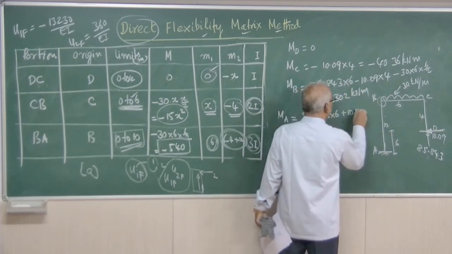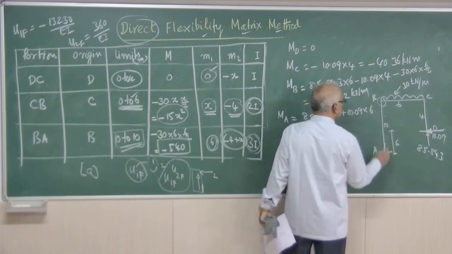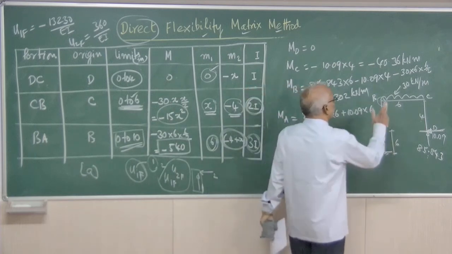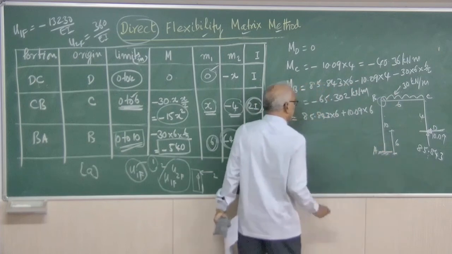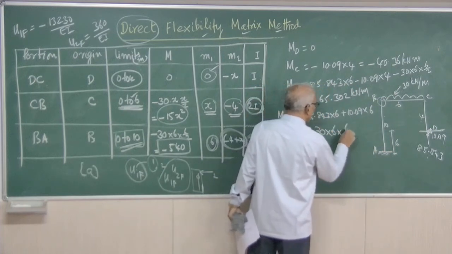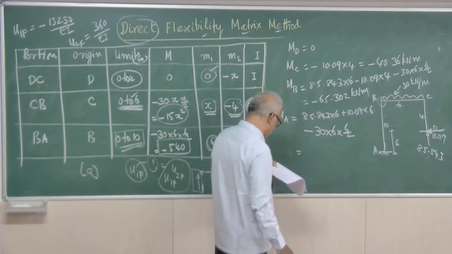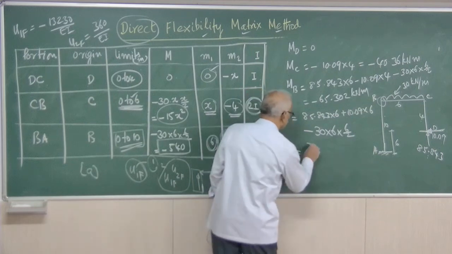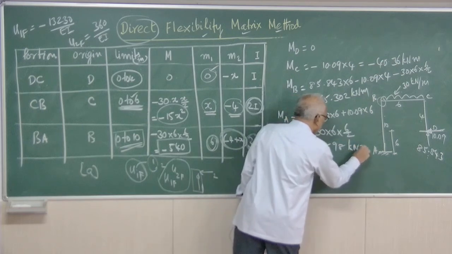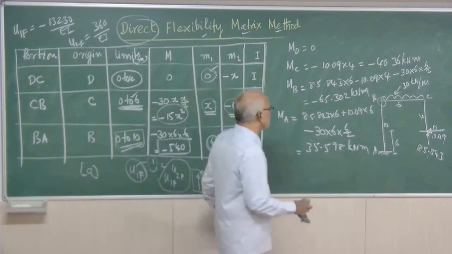Then the UDL gives minus 30 into 6 into 6 by 2. So MA equals 35.598 kilonewton meter. That is about the moments at the supports.